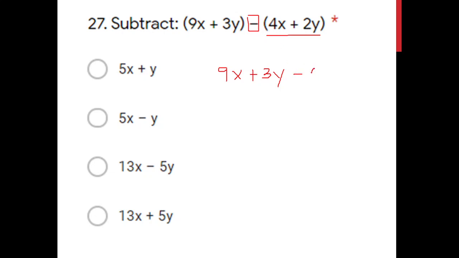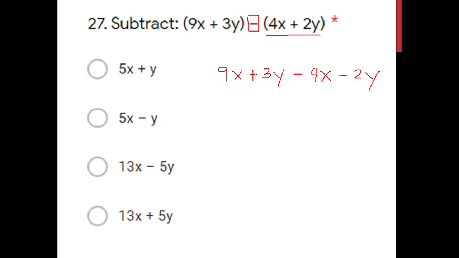Copy the first term. Next, positive times negative would still be negative. Copy the second term. So basically, what we did here is we just changed the sign of our subtrahend to its opposite sign. Positive becomes negative, positive becomes negative.